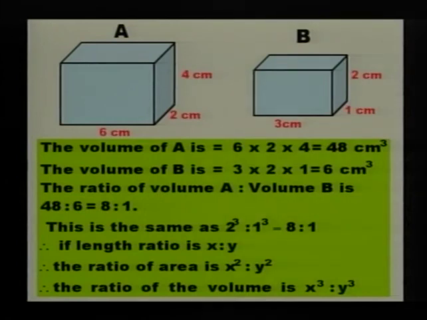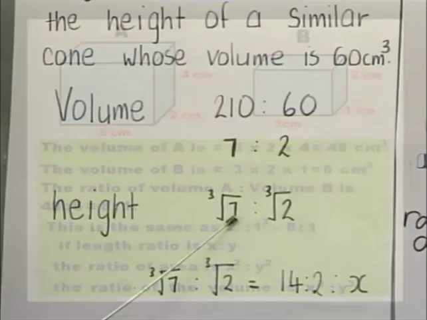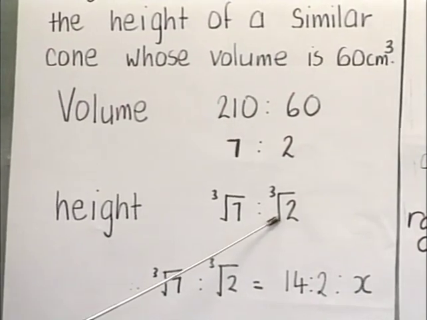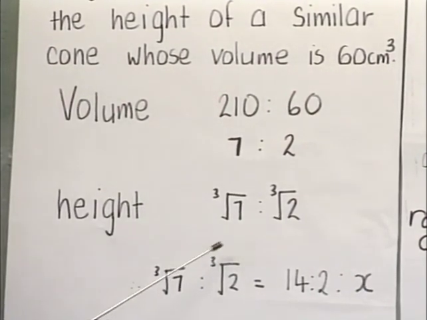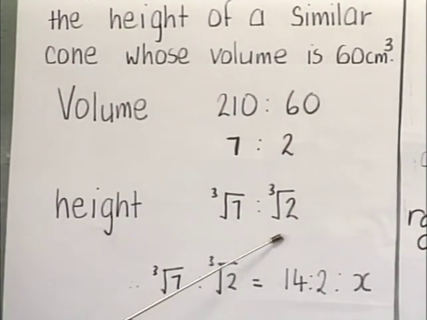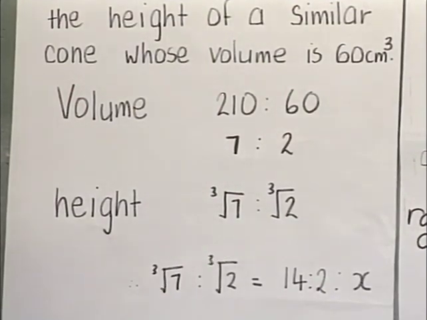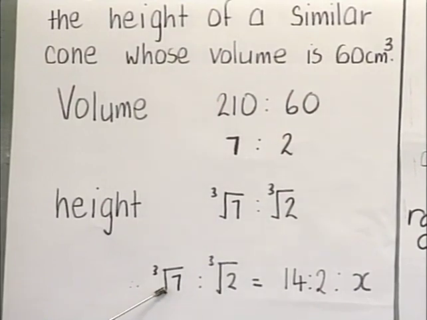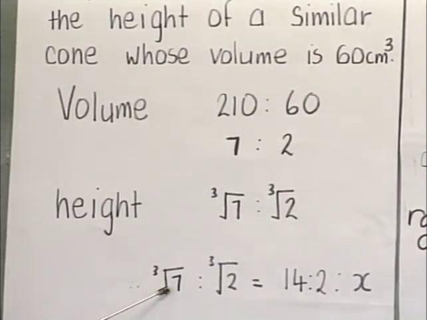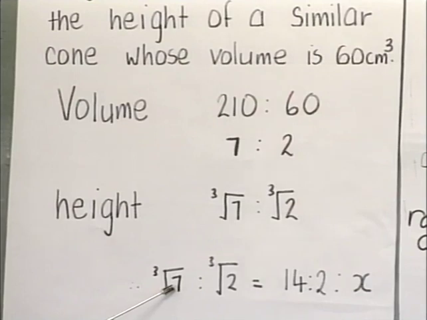So what you do is you find the cube root of 7 and the cube root of 2. So the height ratio will be the cube root of 7 to the cube root of 2. Okay, so we are going to use that. The bigger one has height of cube root of 7.